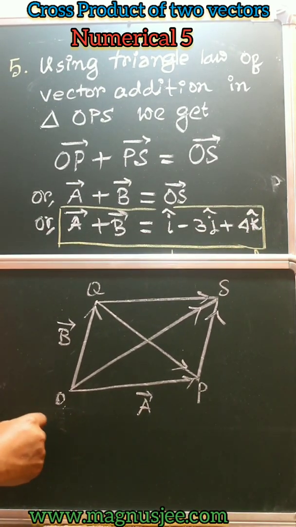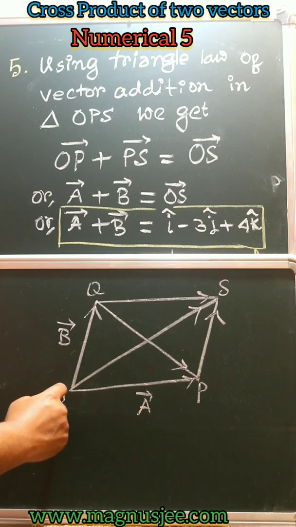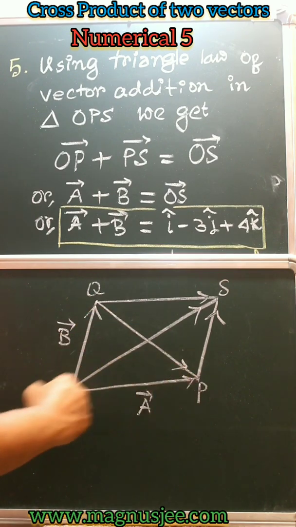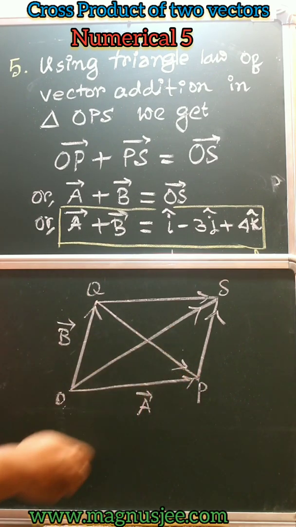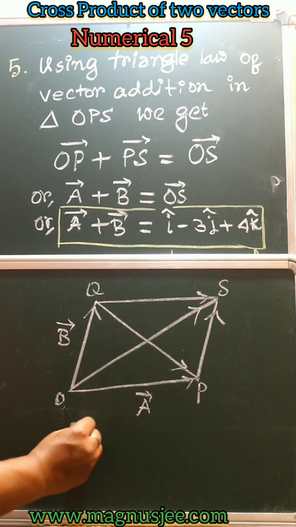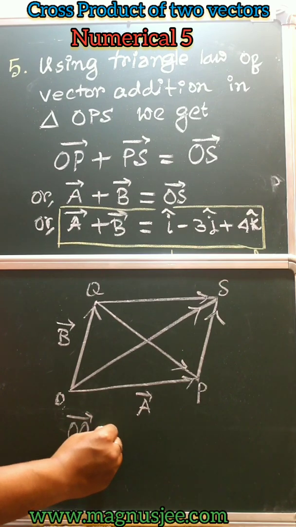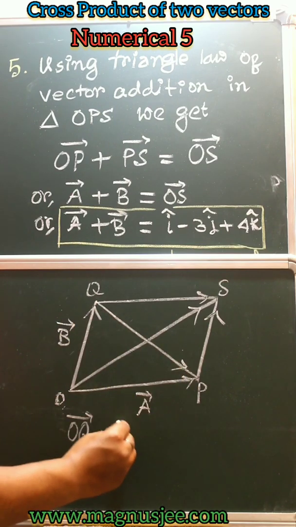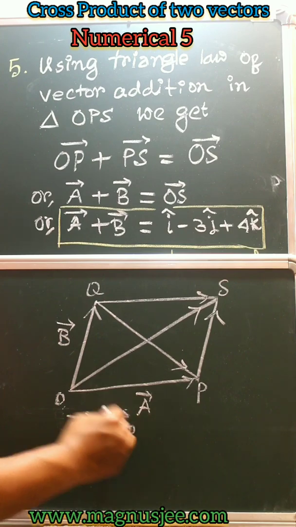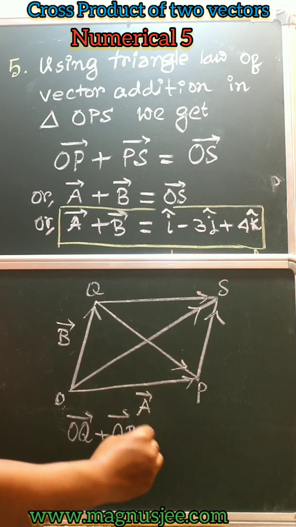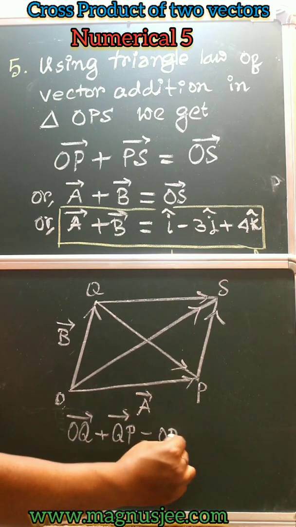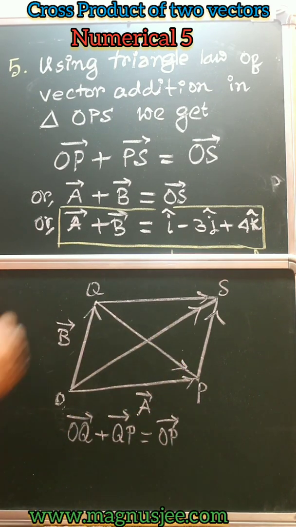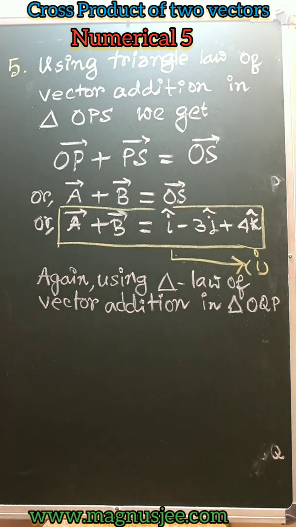So here using triangle law in the triangle OQP, two sides OQ and QP are taken in the same order, but the third side OP is taken in the opposite order. Vector OQ plus vector QP, these are the first two sides of this triangle taken in the same order, will be equal to the third side vector OP taken in the opposite order. So that is triangle law of vector addition.